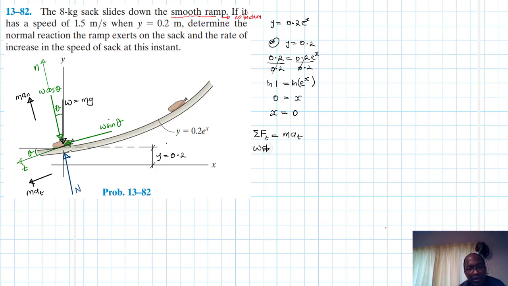We have W sine theta equal to m a_t, and therefore a_t will just be equal to mg sine theta divided by m, which is just equal to g sine theta. So we found our acceleration.